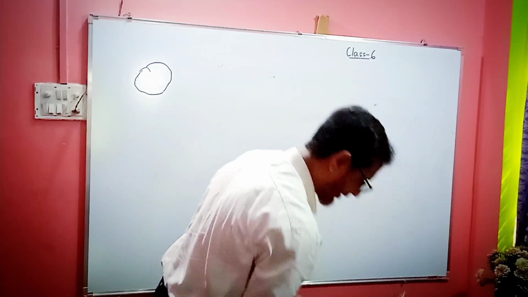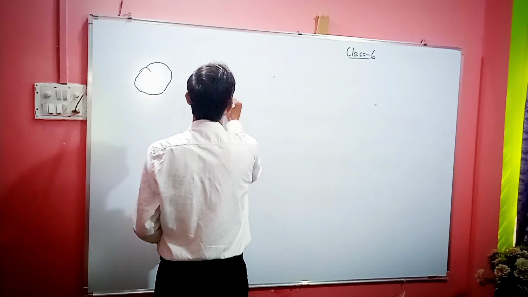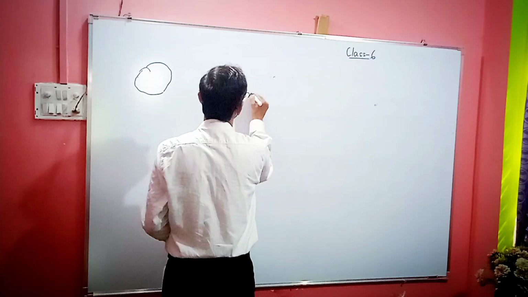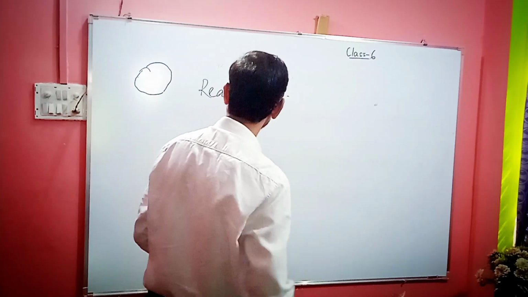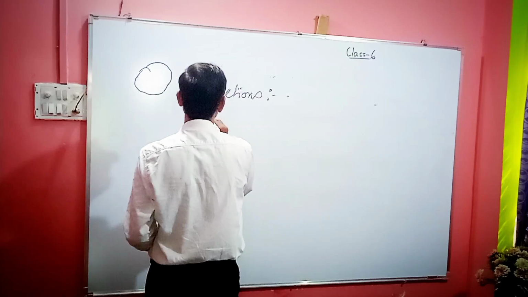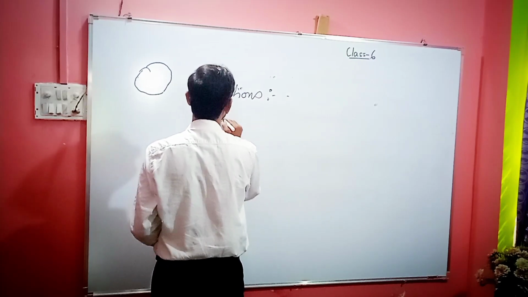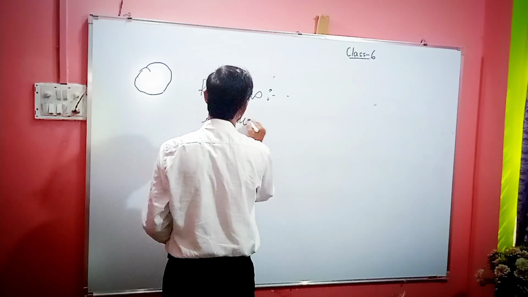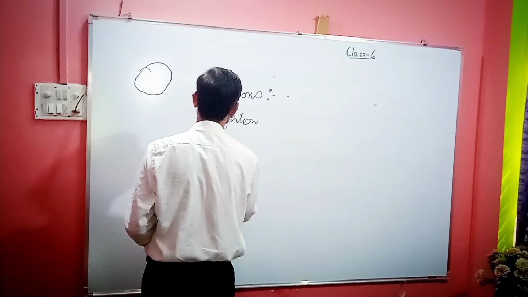Now, what were the reactions involved? The reactions were first alkylation. We have done it already in ammonolysis. Number 2, acylation.